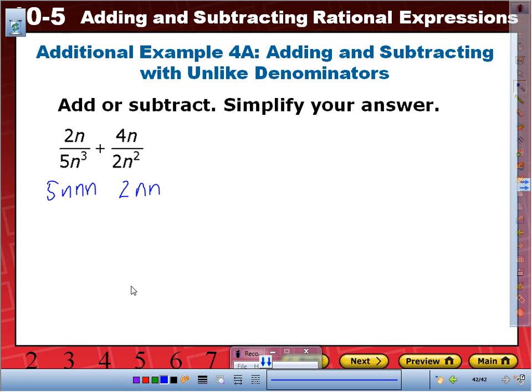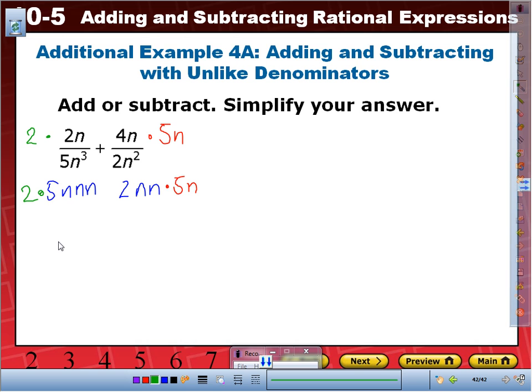So, what does this one have that this one does not? A 5 and n. So we need to multiply this side times 5n. However, what does this one have that this one does not? So this is times 2.